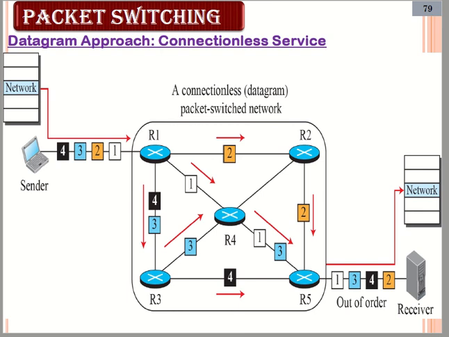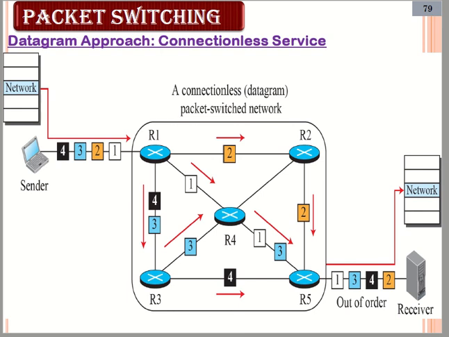Whenever this happens, the in-between routers will decide the best way based on the forwarding table, looking at the interface which is free or less loaded, and the frame will be sent along that path. More importantly, we have to note that the frames sent at the sender may not arrive at the receiver in the same order. It might be out of order.